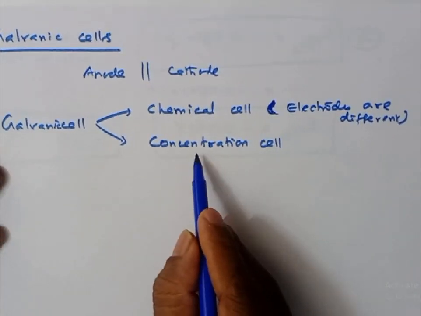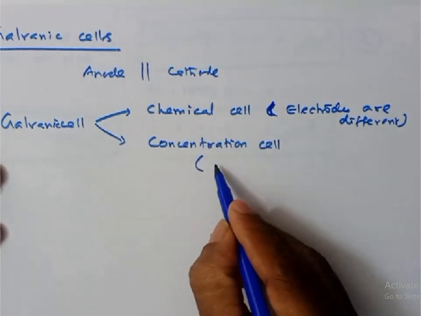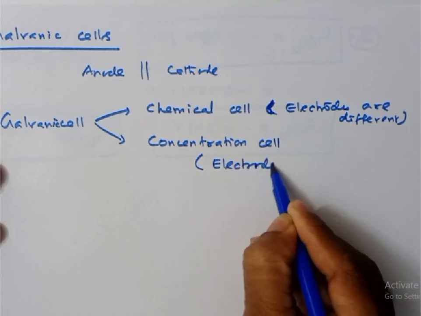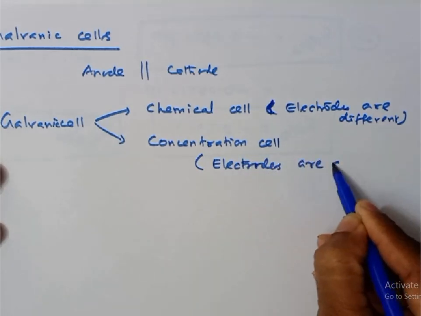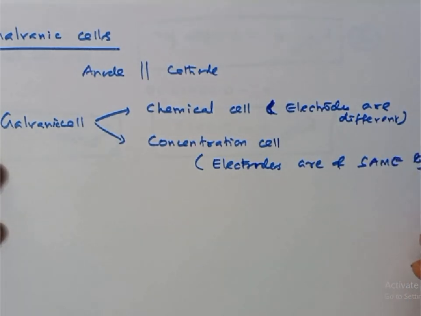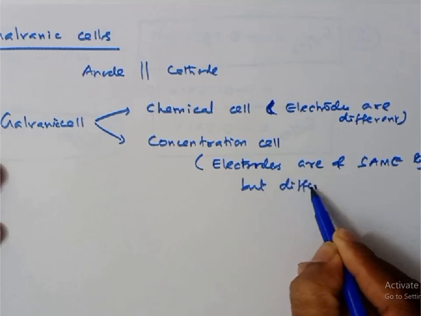Whereas in a concentration cell, anode and cathode are the same electrodes. Electrodes are of the same type, but with different concentrations.